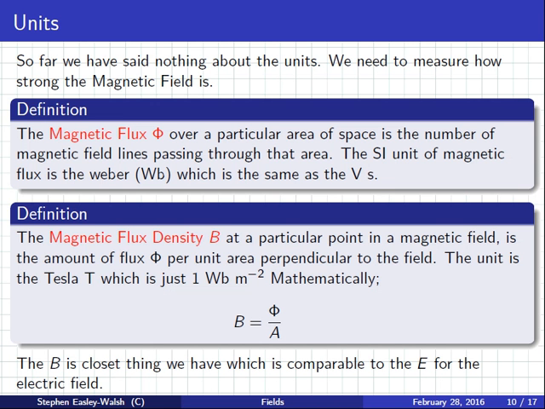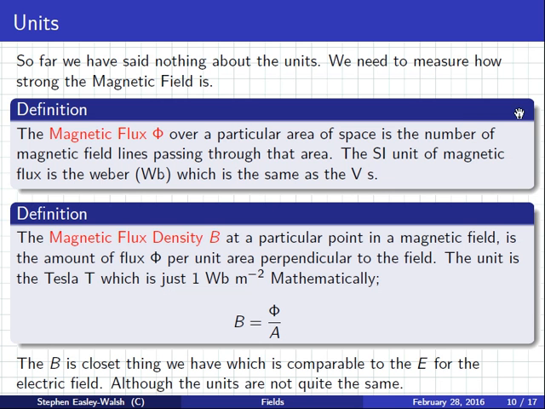If I'm here, the number of Webers per meter squared will be greater than if it was up here, because the magnetic field doesn't go on forever, it shrinks. So the Tesla has to be at some point. Make sure you have this definition down. They'll ask the second definition in the exam.